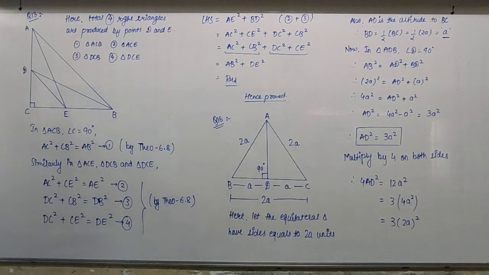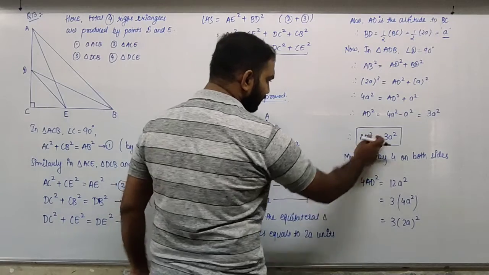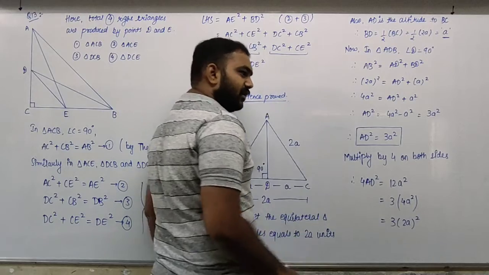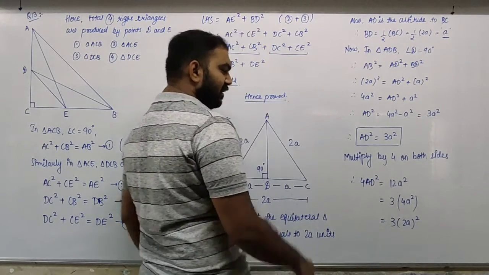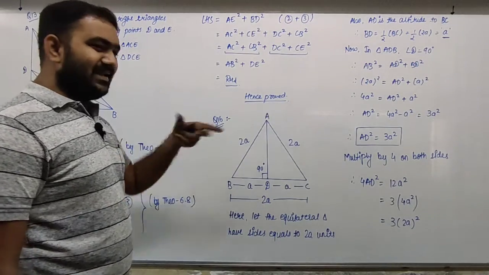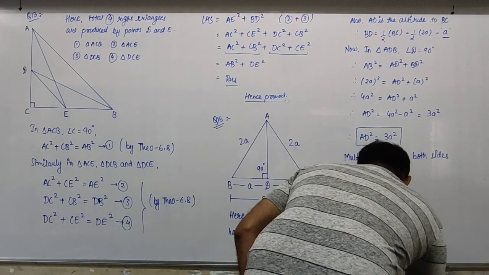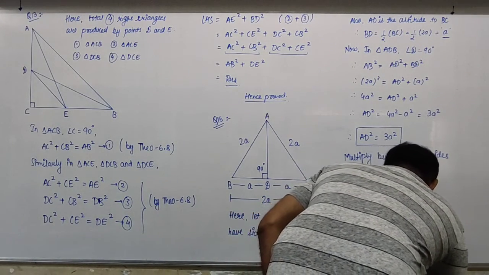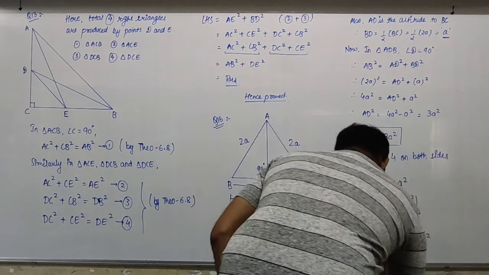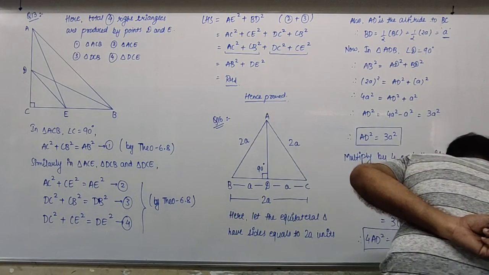Just a minor simplification. Multiplying by 4 on both sides, 4AD square equals 4 into 3, 12a square. Keep the 3 separate from 12, so 3 multiplied by 4a square, and 4a square is 2a whole square. Now what is 2a? Any side of the equilateral triangle, right? Therefore, 4 times AD square is equal to 3 times the side square, and that is what we needed to prove.